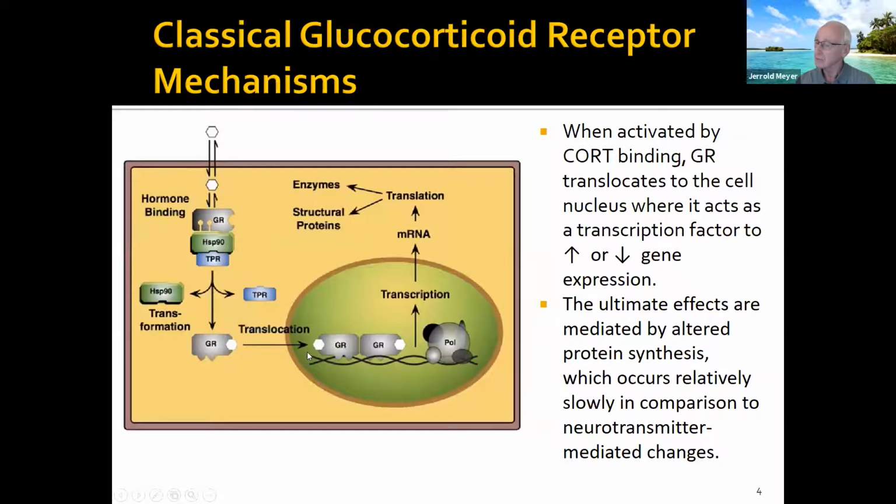The receptor dimerizes, that is, two of them bind together. They translocate into the cell nucleus, and they bind to specific regulatory sites on certain genes within the cell nucleus that are sensitive to glucocorticoids. By doing so, this hormone-receptor interaction with these regulatory sites causes a change in gene expression.